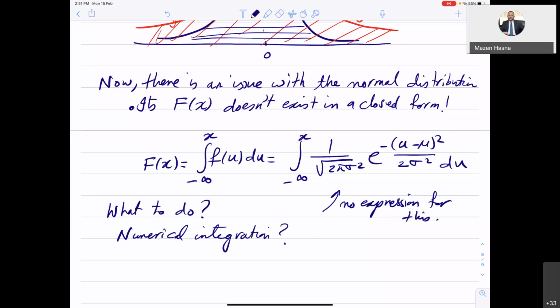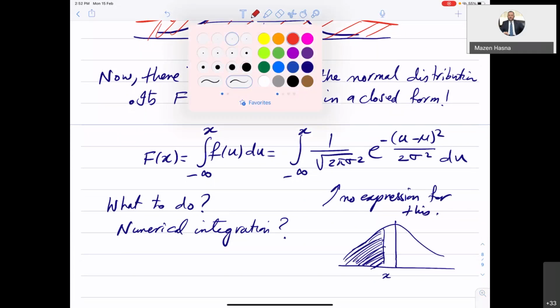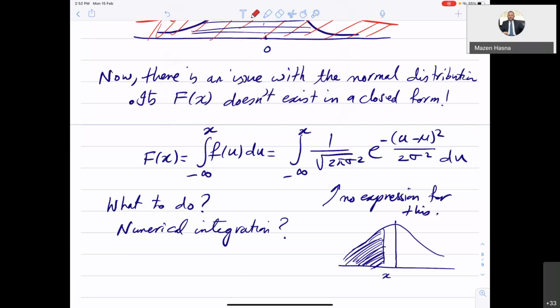So basically, integration is always finding the area under the curve, right? And capital F of x is like finding the area from minus infinity to a certain x. If you want to calculate this area and we don't know exactly how to do it, with numerical integration we divide it into smaller areas, approximate them by straight lines, and then add the areas.